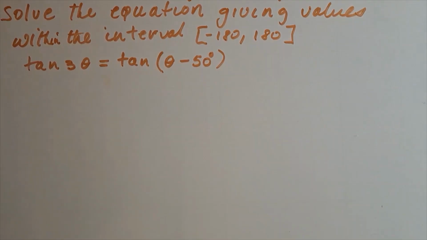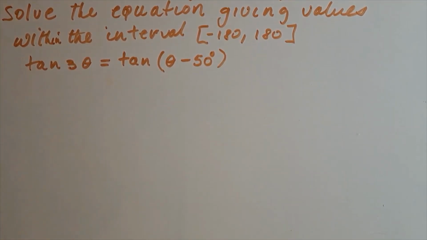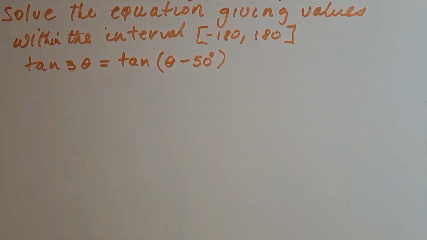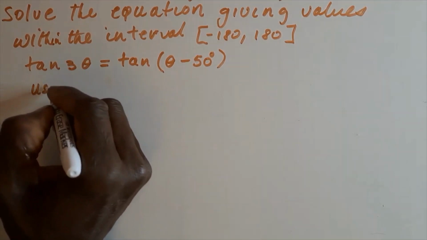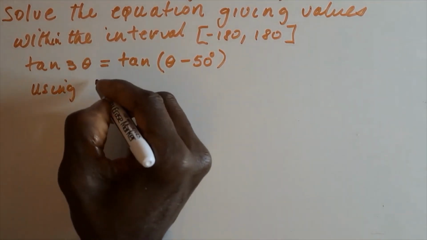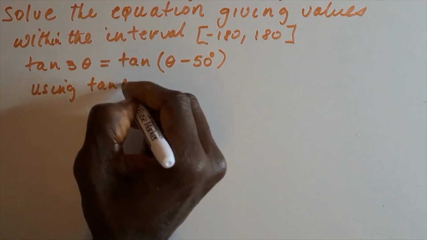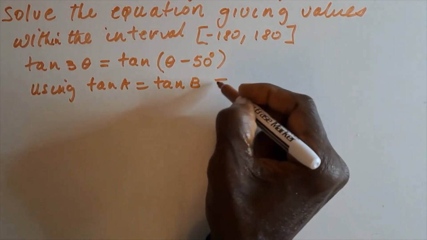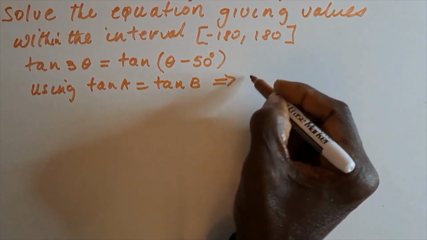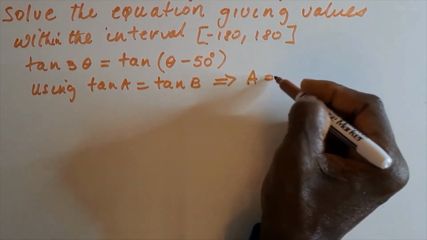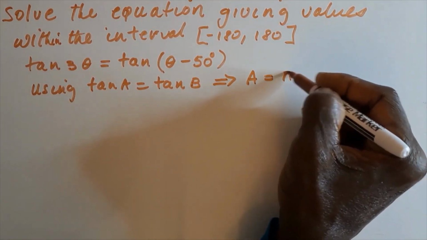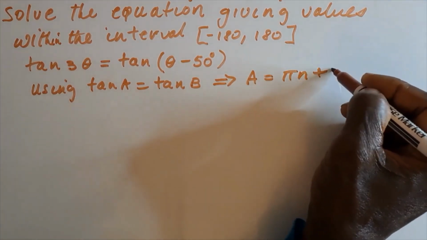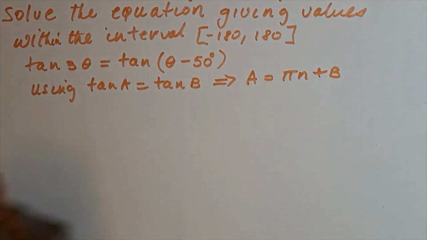Hello mathematicians. Solve the equation given values within the interval minus 180 to 180 degrees. We use tan A equal to tan B, and this implies that our solution is A equals B plus pi n.